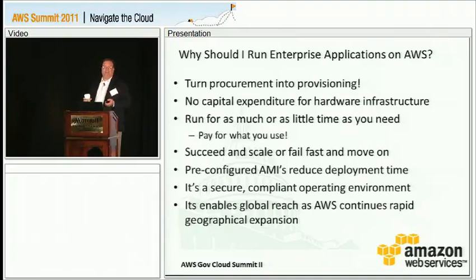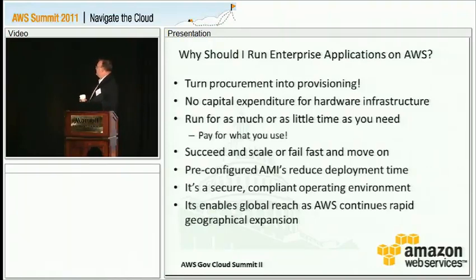One of the things that you can do with the cloud is that you have an idea, you can go and build it, you provision it, and you try it out. And in the traditional world, that process looks a lot different, right? It's about acquiring hardware, waiting 6 weeks for it to get installed and get updated, then install your applications and get running. And so it's a very different experience in this idea of turning procurement into provisioning.